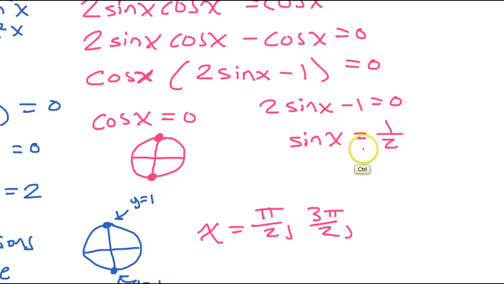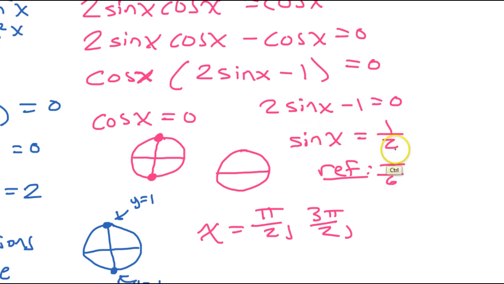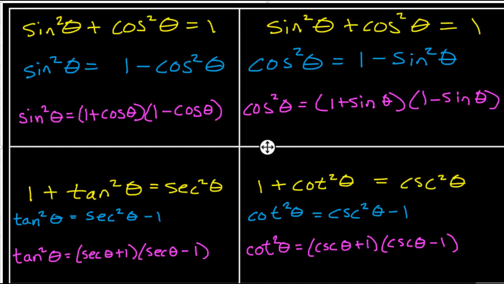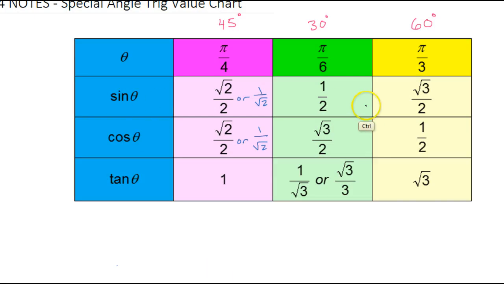Okay, where is sine 1/2? Well, the reference angle is definitely going to be pi over 6. The sine of pi over 6 is 1/2. That's one of the facts that we have memorized.